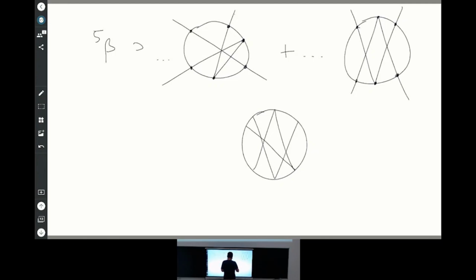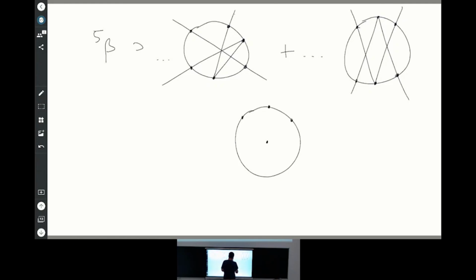So there is a bubble diagram that has one vertex here in the middle, and then 6 vertices around that looks like this.